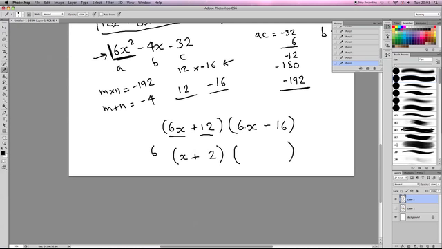What factor can I take out here? I think it's just a 2. So we've got 3x minus 8. Okay, so from here to here, I've taken a factor of 2 out. From here to here, I've taken a factor of 6 out.